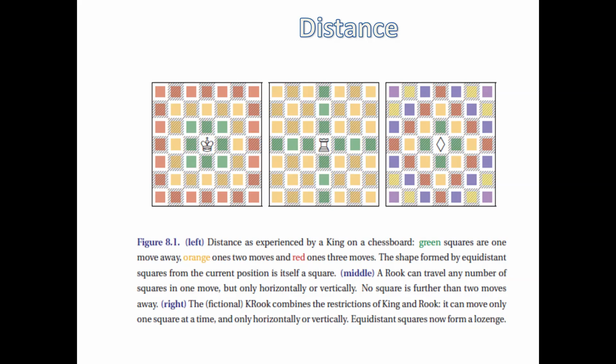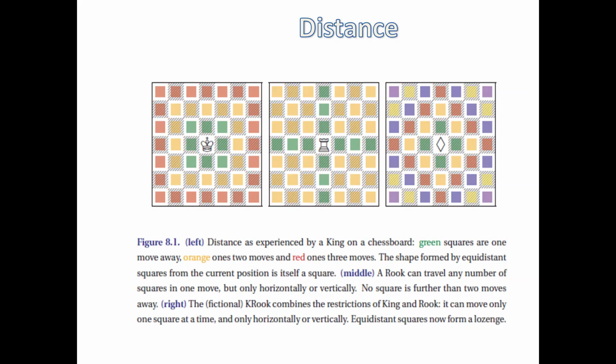So it moves horizontally and vertically like a rook, and only one move at a time like the king. We call it K rook, which is a fictional piece. For it, the green ones will be only the adjacent horizontal and vertical ones, these four, one move away. Then the orange ones will be two moves away, the red ones three moves away, and so on. That's how the distance is perceived.